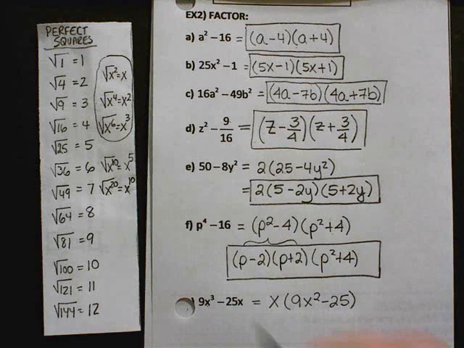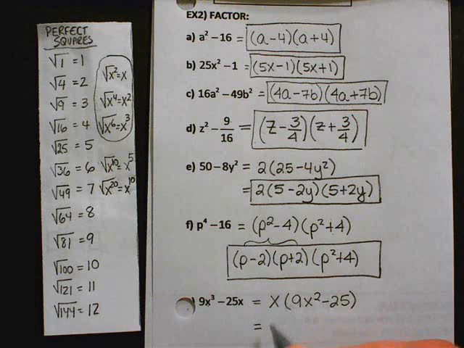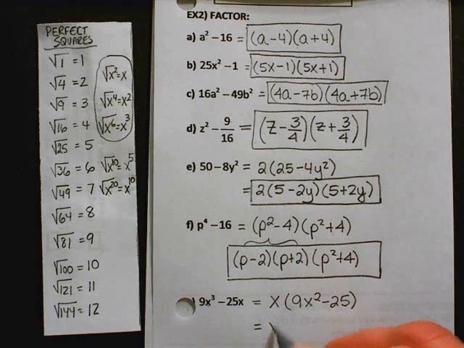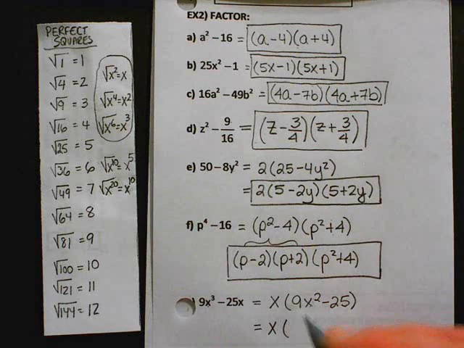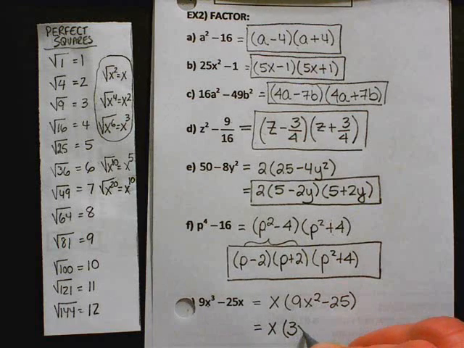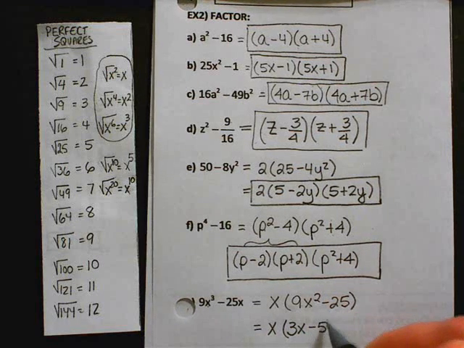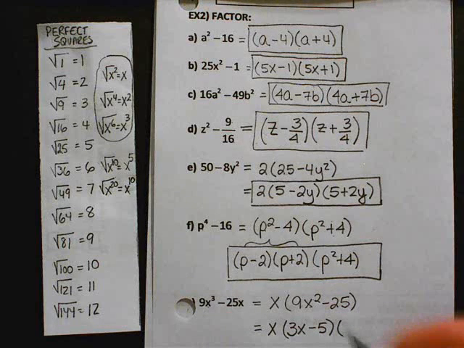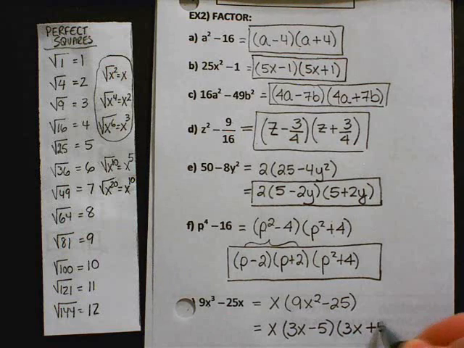And then we have perfect square, perfect square. So this is copy the x. Square root of 9x squared is 3x. Square root of 25 is 5. And then write another parenthesis. And this time, instead of a minus, put a plus. And there we go.